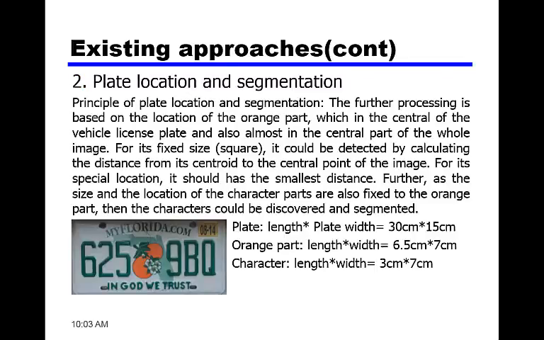Second is the plate location and segmentation. By following the last step, you could get the smallest cover square for each united area. The further processing is based on the location of the orange part.